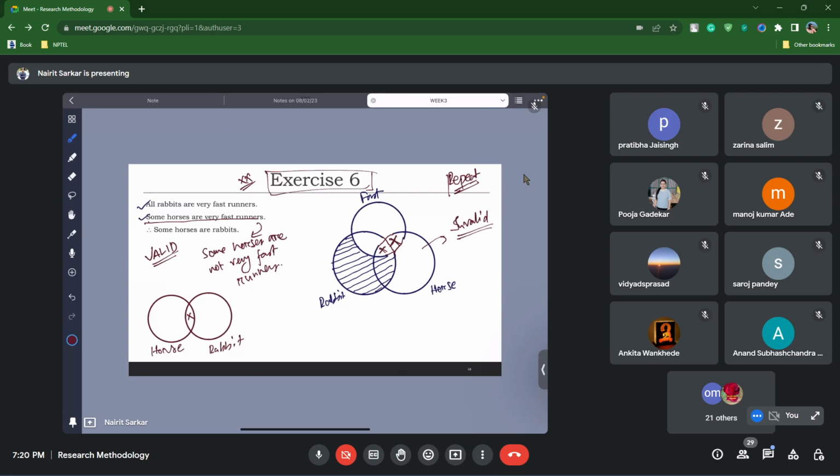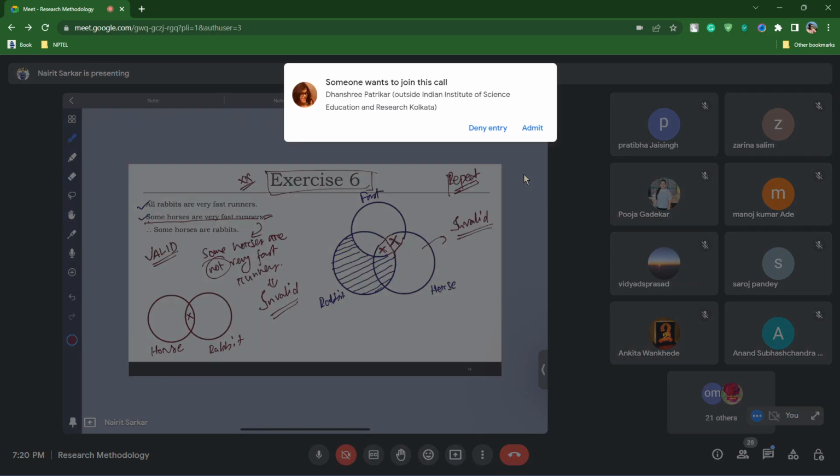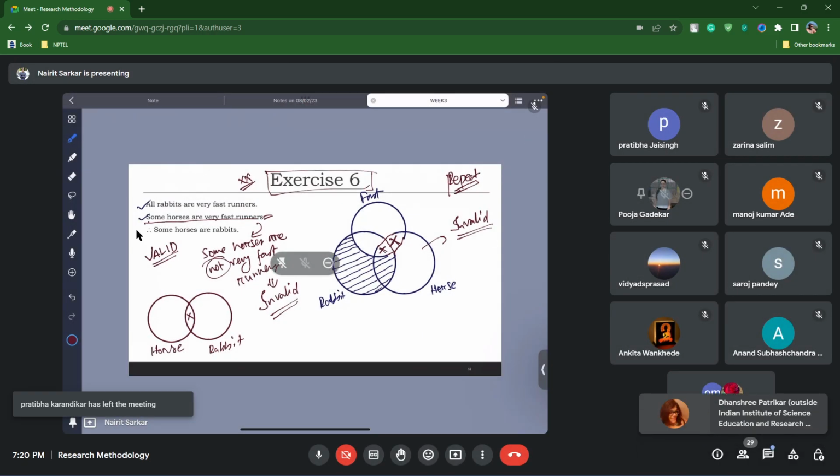But if you change the second sentence to some horses are not very fast, in that case it is coming as invalid. So which should be the right one? I think I made some mistake in the second sentence, but let's wait. Let's repeat it at the last, okay?